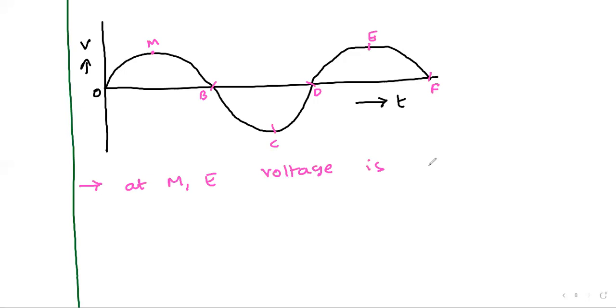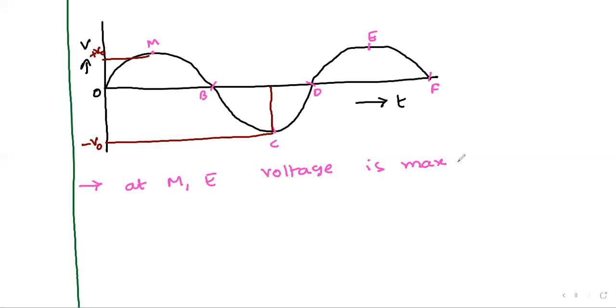At C it is also maximum, but in the opposite, negative direction. Here this one we can call minus V naught, and this is plus V naught.